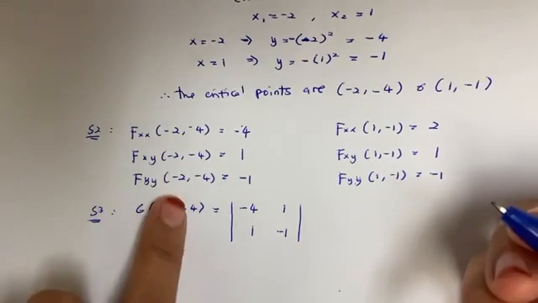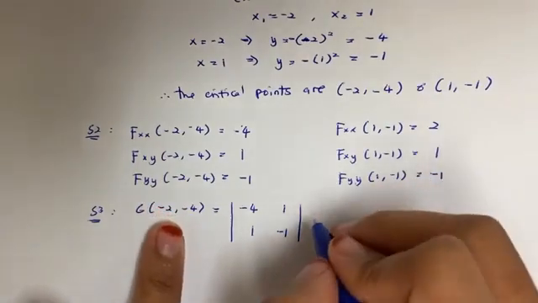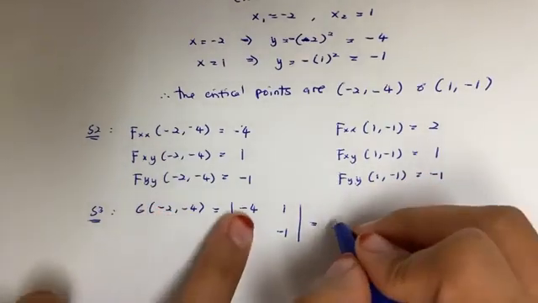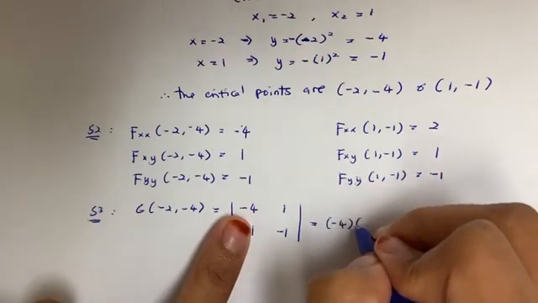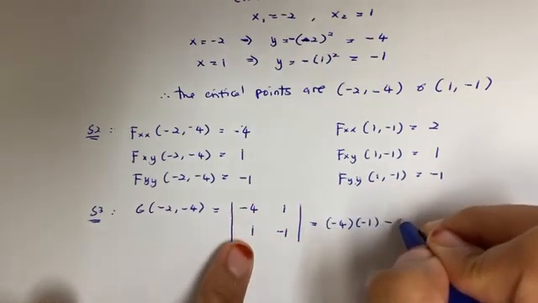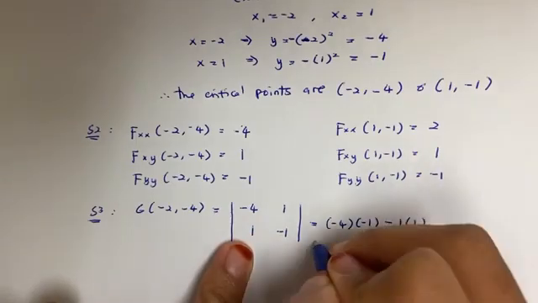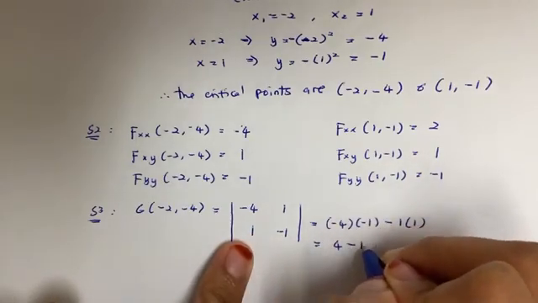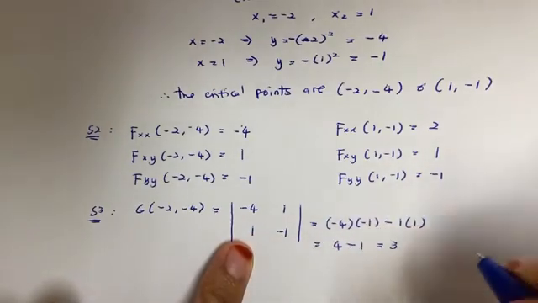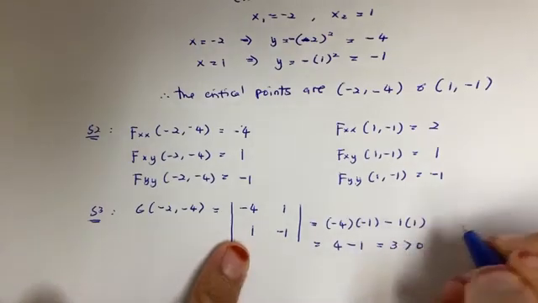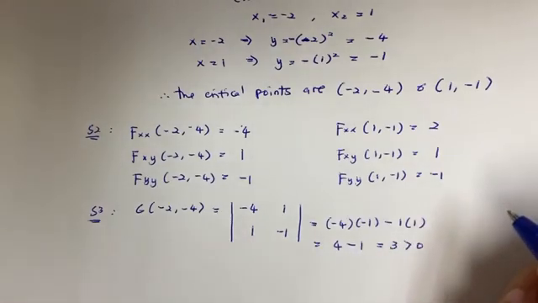For g at negative 2, negative 4, this is equal to minus 4 multiplied by minus 1, minus 1 multiplied by 1. So this is 4 minus 1, equal to 3. 3 is greater than 0 for the first critical point.